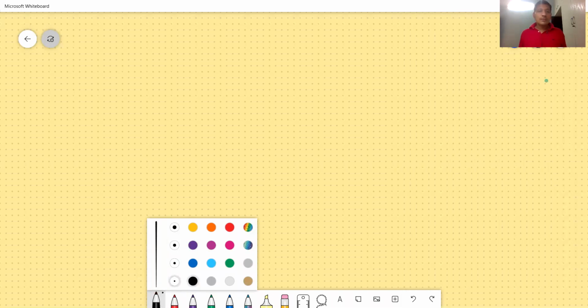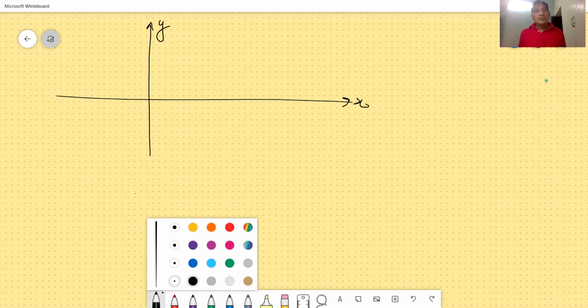Suppose I draw a line. I draw axis first of all. This x-axis, this y-axis, right? So you got x and y-axis. Suppose I draw a line parallel to x-axis.